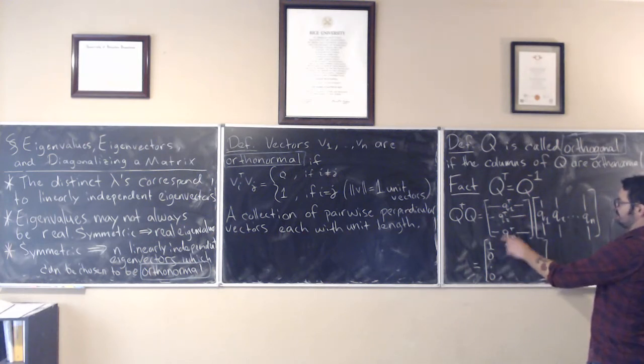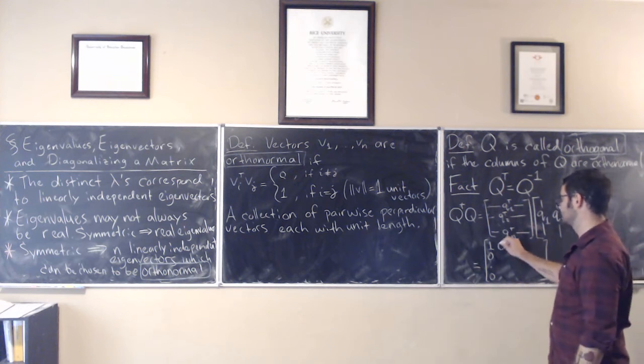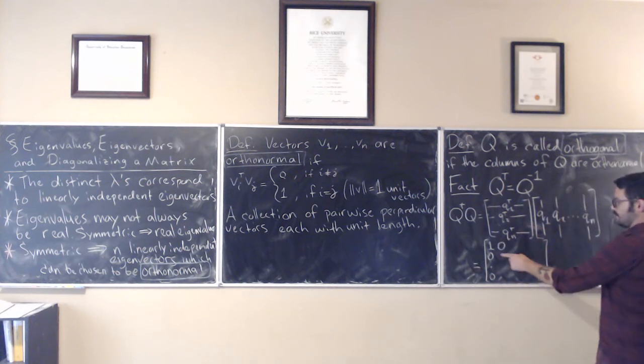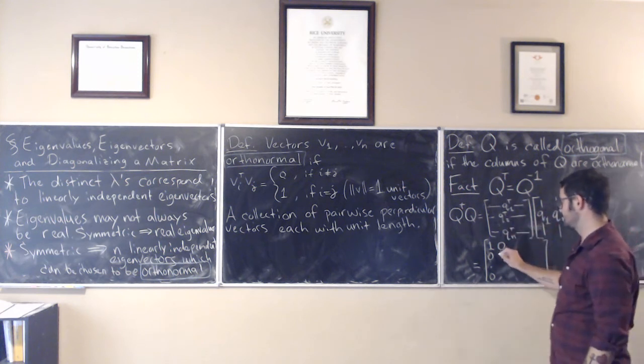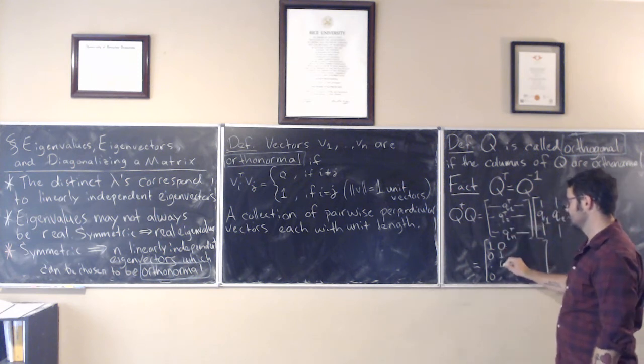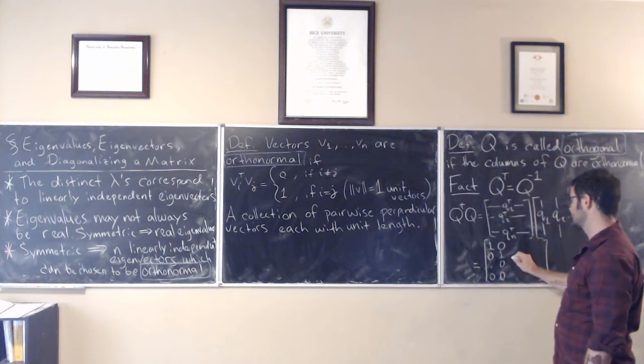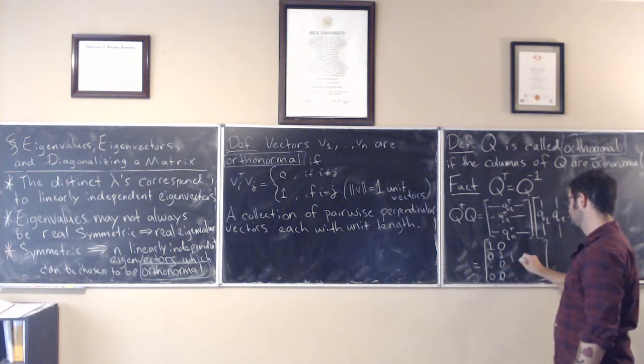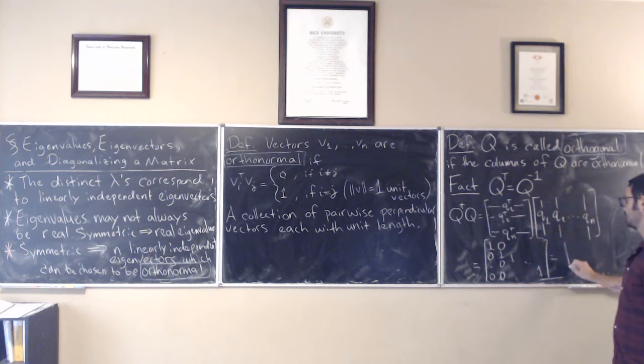The 1, 2 entry is Q2 times Q1. They're orthogonal, so that's 0. That entry is Q2 times Q2. They're unit vectors, so that's just 1. 0's all over the place. We get the identity.